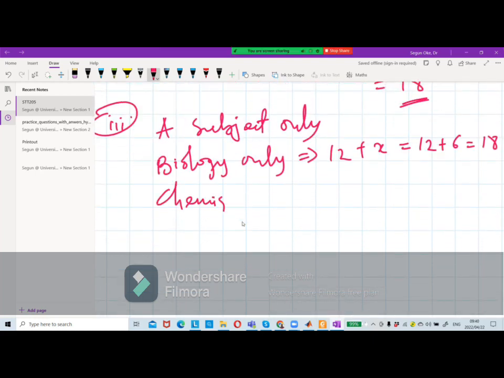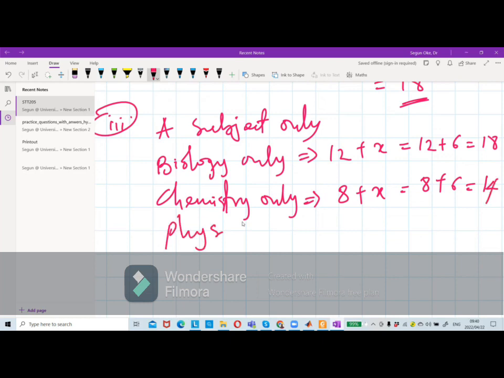Chemistry only is going to be 8 plus x, which is equal to 8 plus 6, which is 14. Physics only is equal to 7 plus x, which is 7 plus 6, which is 13.